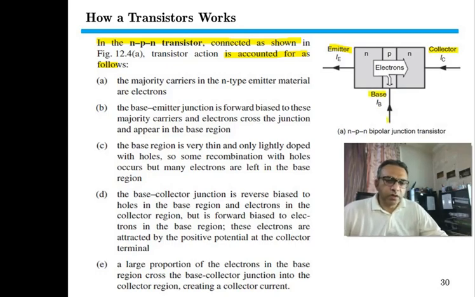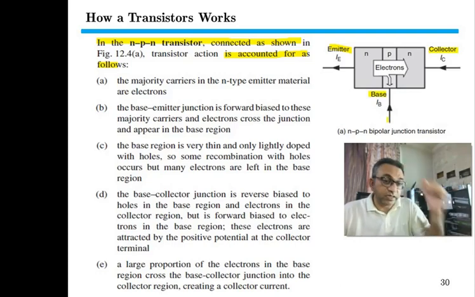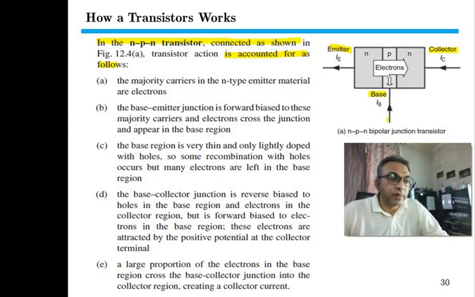Now, one thing that I would like to make clear over here, that we will study how a transistor works based on electronic flow, and then we will reverse the direction of the electronic flow to understand it in terms of traditional current. Okay. So what I mean is that here is written IE.